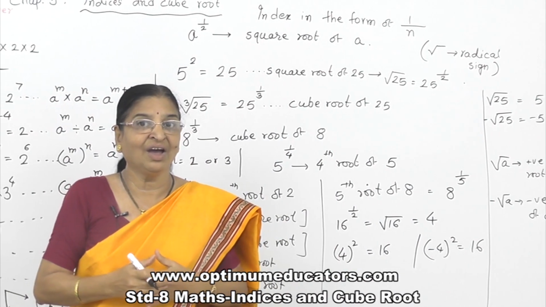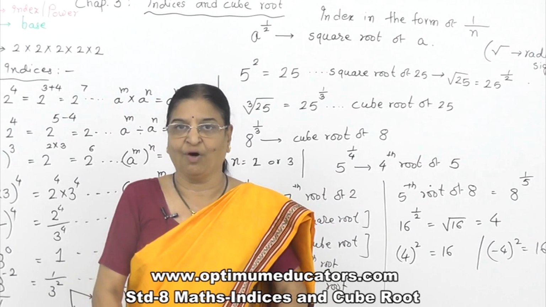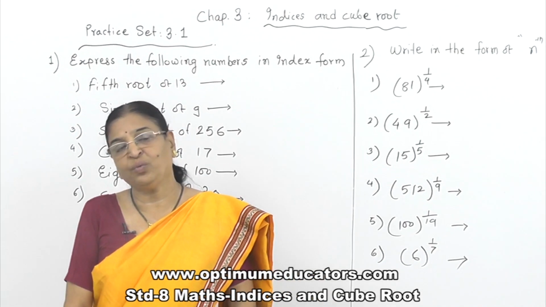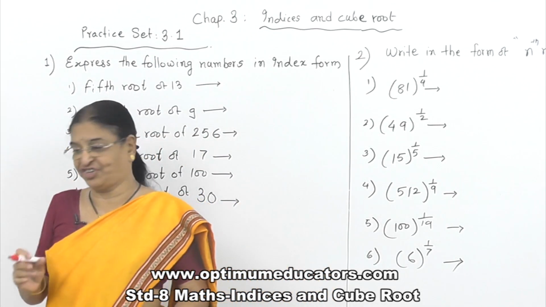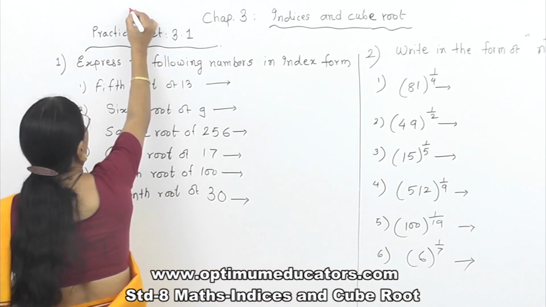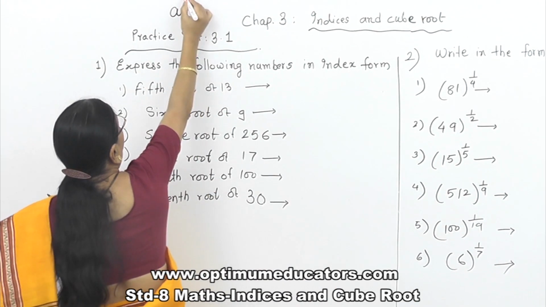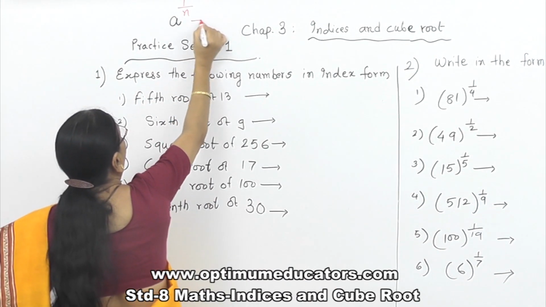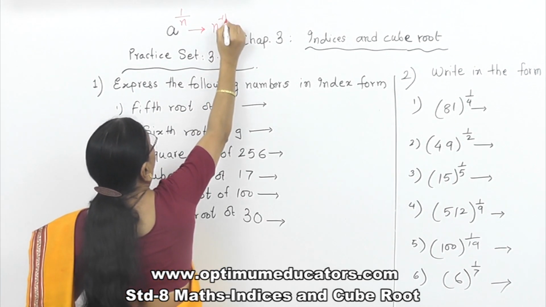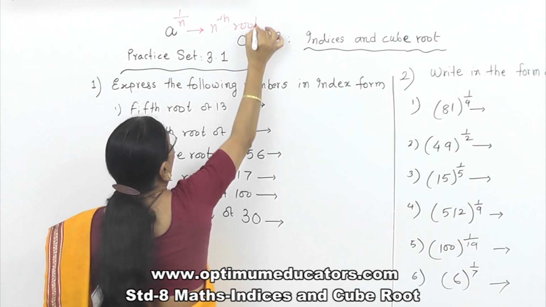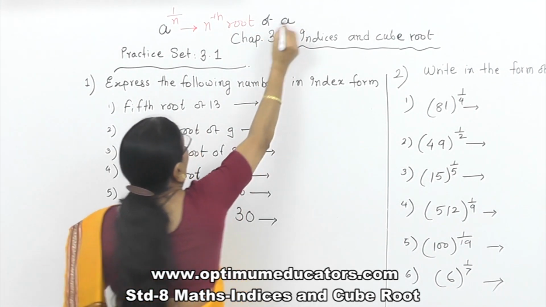Now let us see how we can find out the cube root or its forms. Now we have learned the meaning of an index with a fraction. That is, I can write a number A with the fraction index 1 upon n. So how will I explain this? That is the nth root of A.